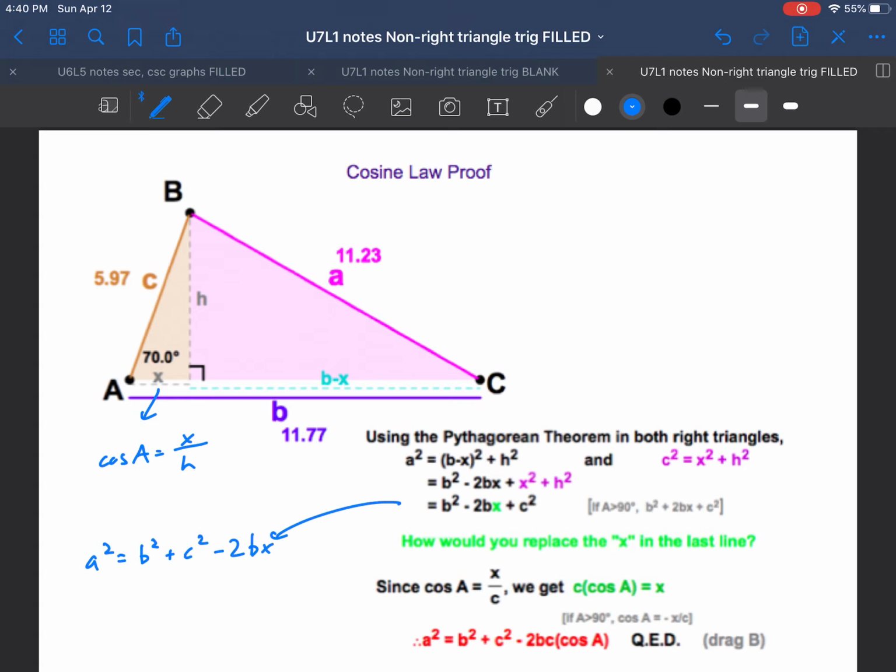If I take this and I isolate x, I move the h over, right? So that means that h, sorry, not h. That means that x is equal to h cosine A. And now I'm going to take this expression, h cosine A, I'm going to put it right there.